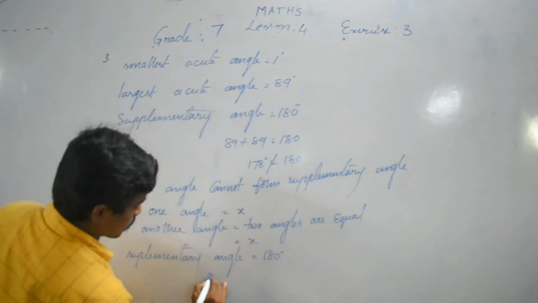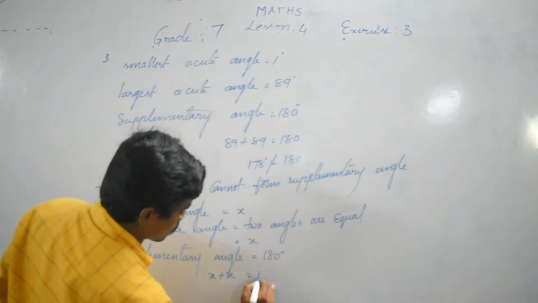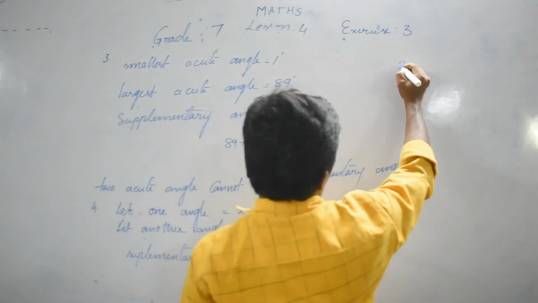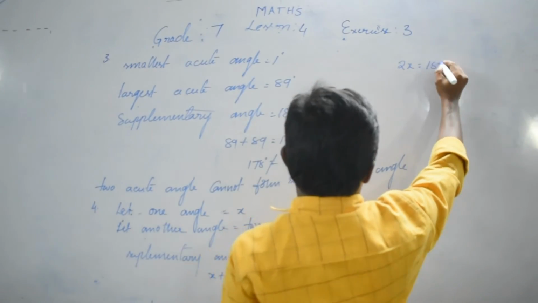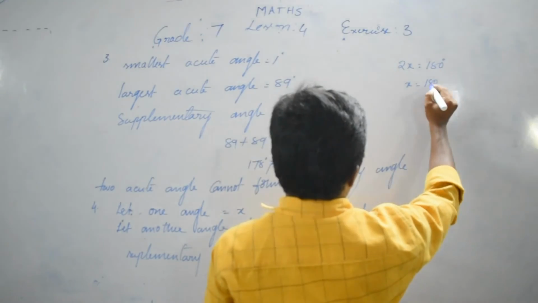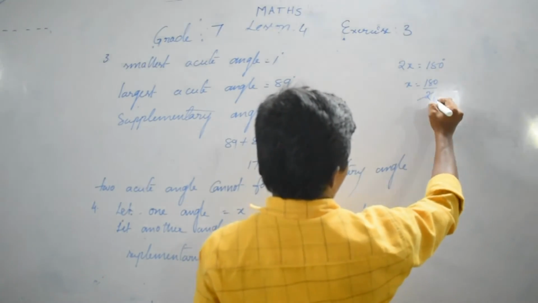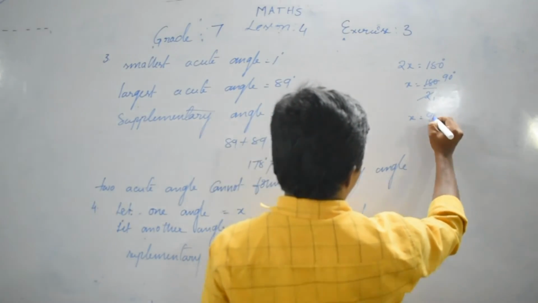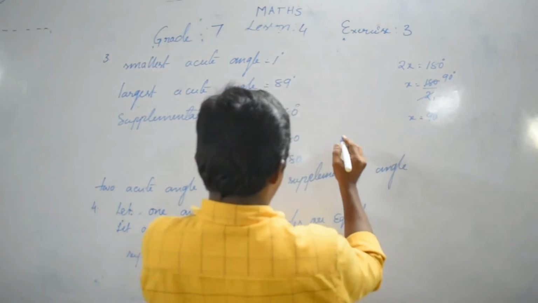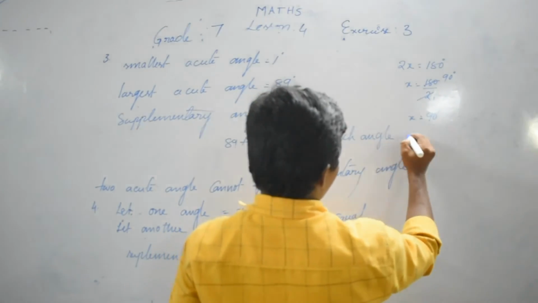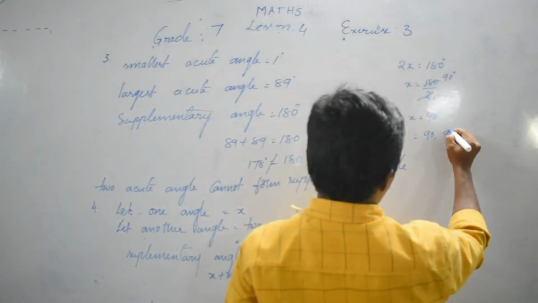So x plus x is equal to 180 degrees. x plus x, 2x, is equal to 180 degrees. So x equals 180 by 2, which is 90 degrees. So each angle is 90 degrees.